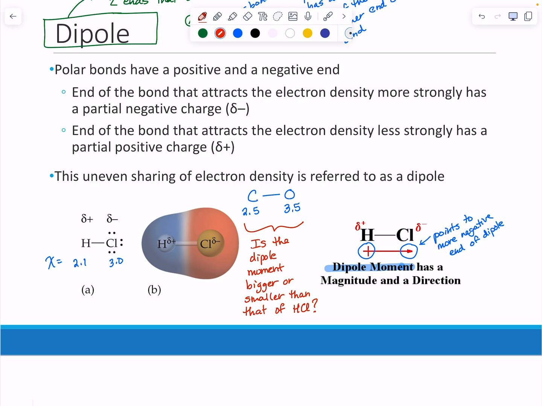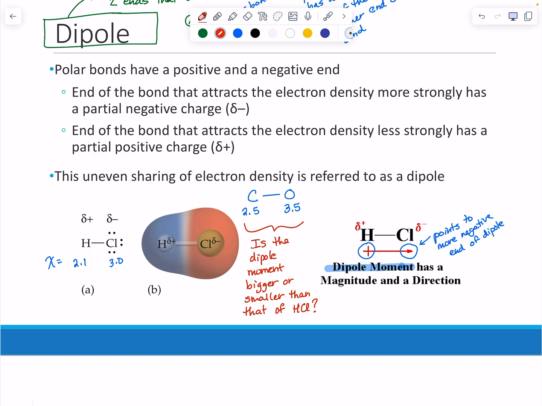I heard a very quiet "bigger" from the back of the room. Was that you, Serrano? Yeah, why do you think it's bigger? You're right. Yeah, so the difference between the electronegativities is bigger. So the dipole moment's bigger, and then the arrow we draw to represent that would be bigger.